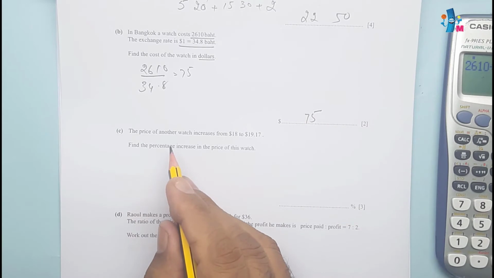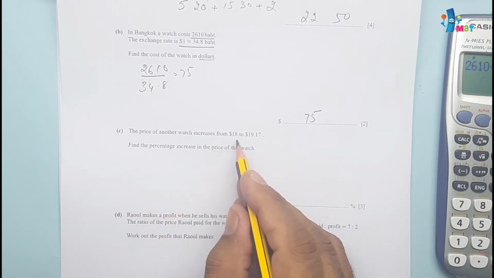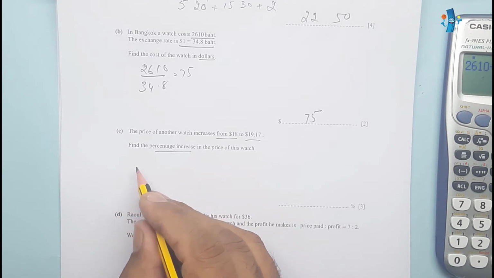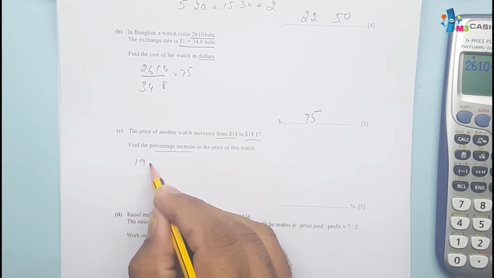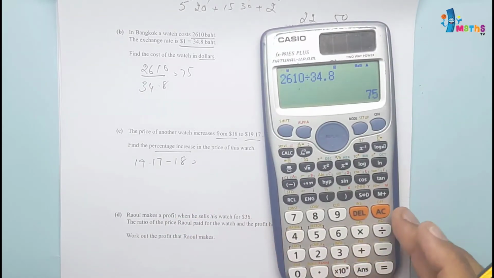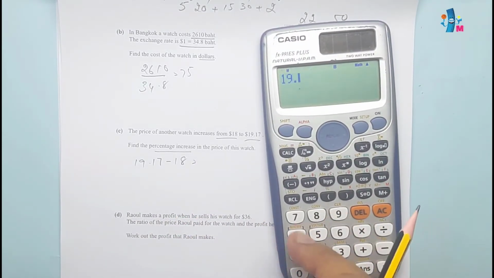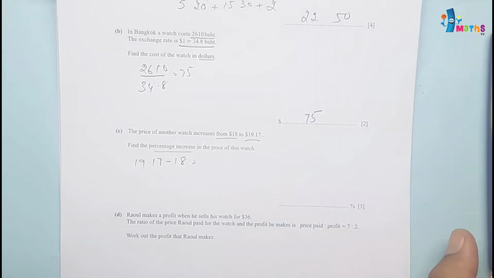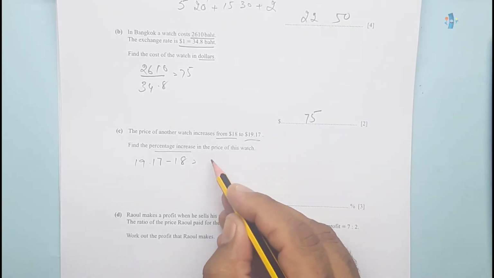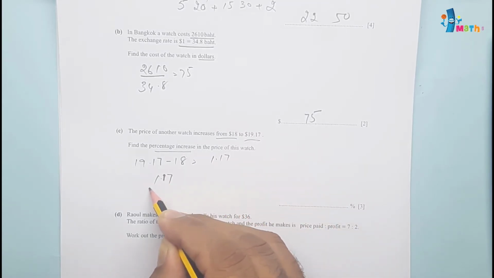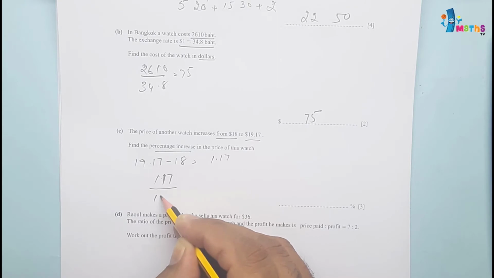The price of another watch increases from this to this. Find the percentage increase. So we'll have to check the increment first. 19.17 minus 18. This will be the increment. 19.17 minus 18 will be equal to 1.17. So 1.17 is the increment on how much?